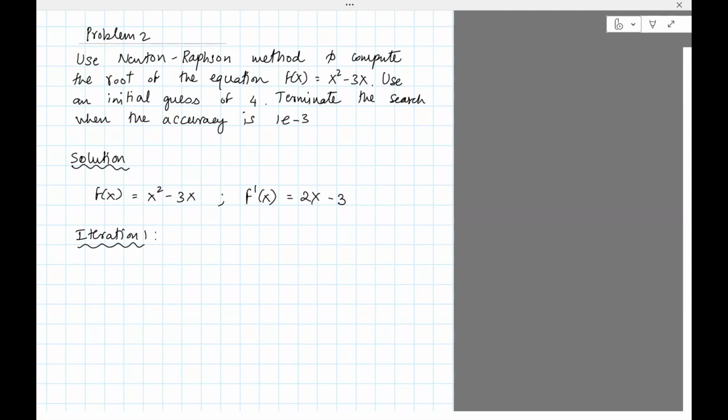Okay, iteration 1. We're going to use x1 equals 4, and we want to compute f of x1. That's 4 squared minus 3 times 4, which is 4.